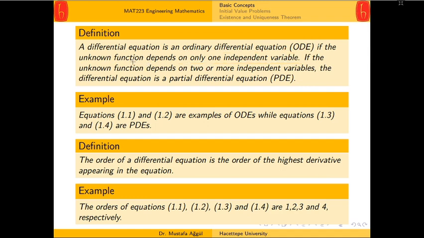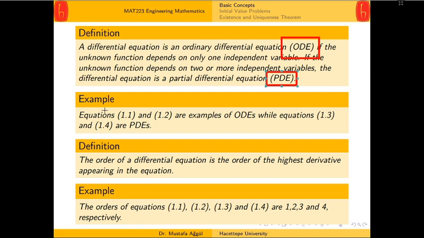If we have more than one independent variable, like two or more, then we call the differential equation a partial differential equation, PDE. You will hear this word ODE most of the time in this course, but PDEs are not covered in this course, so this is just the definition to begin with.